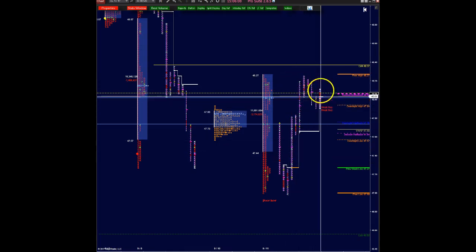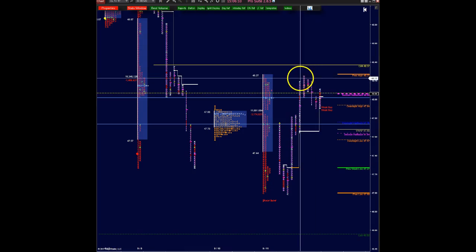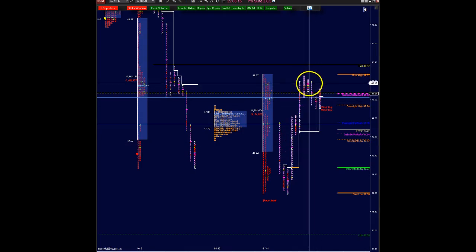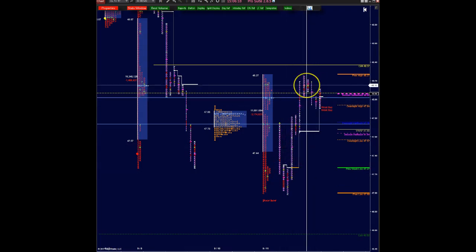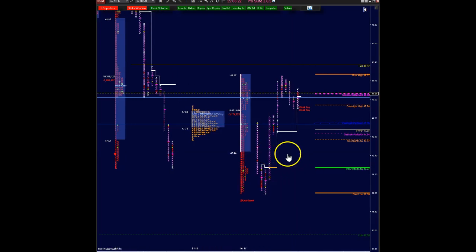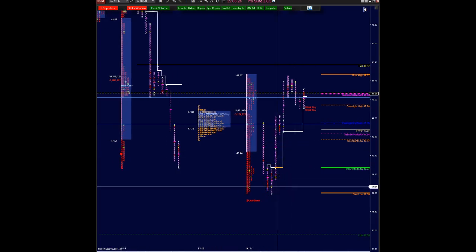So it's not necessarily too long a position, but it is anyhow a very long position now for the short-term inventory. So that was the day today.